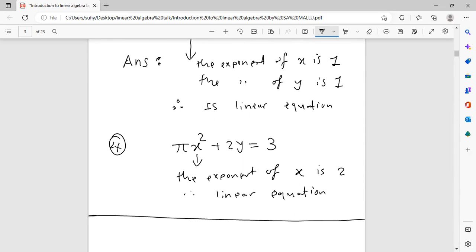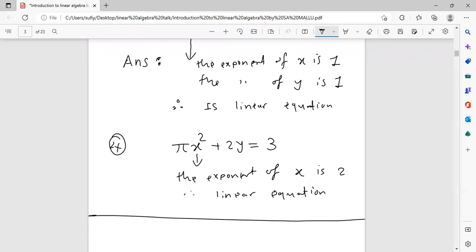Given an equation, we can always identify whether that equation is linear or not. The only thing you need to check is what variables it has. Let's say it has x, y, z variables, then you need to check the exponent of those variables. If the exponents of all variables are 1 and they are multiplied by some constants, equal to some constant k, then we say this is a linear equation.